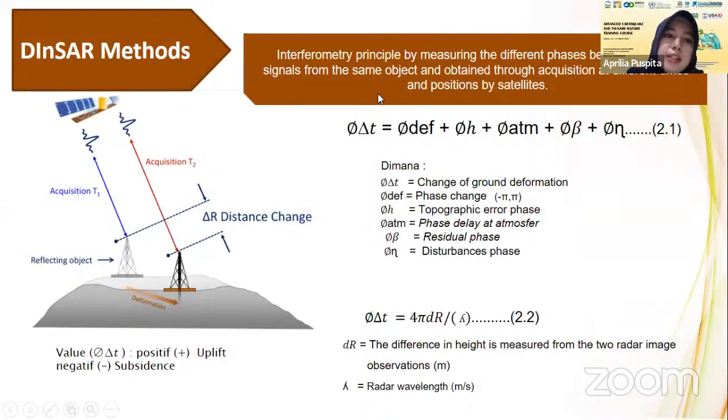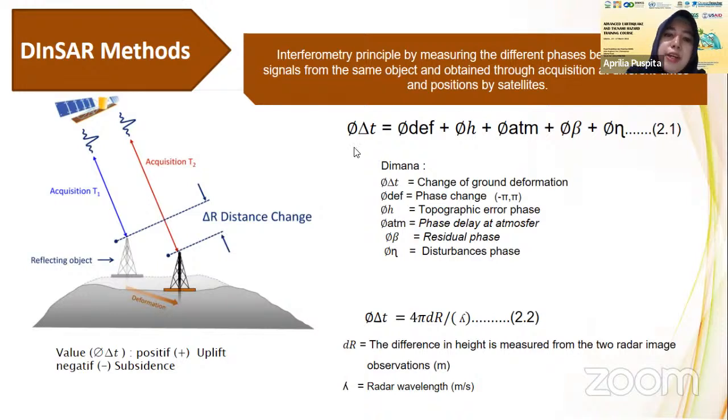This is the DInSAR method. It is a development of InSAR using the interferometric principle, by measuring the phase difference between signals arriving from the same object, obtained through acquisitions at different times and positions by a satellite.